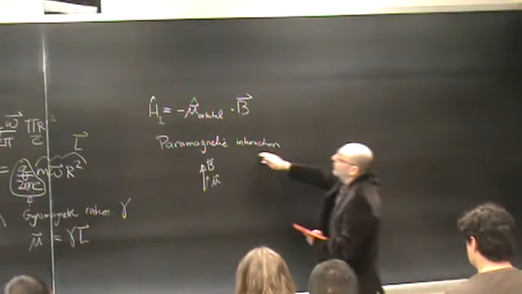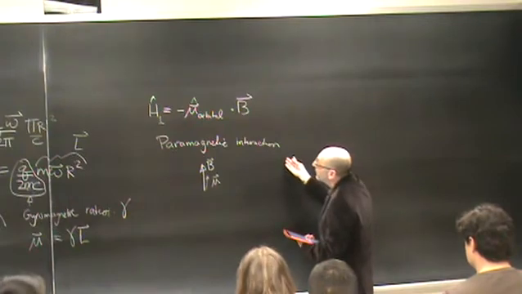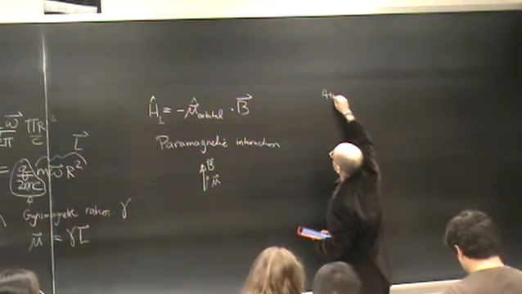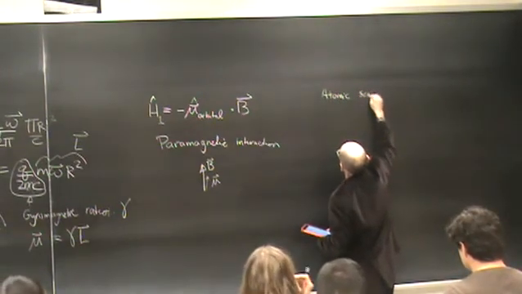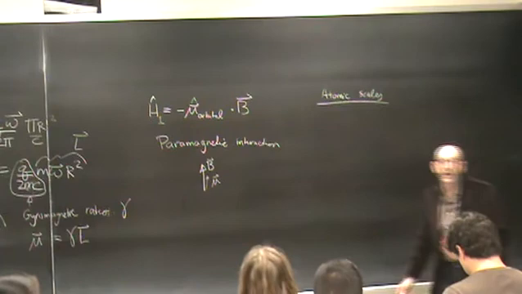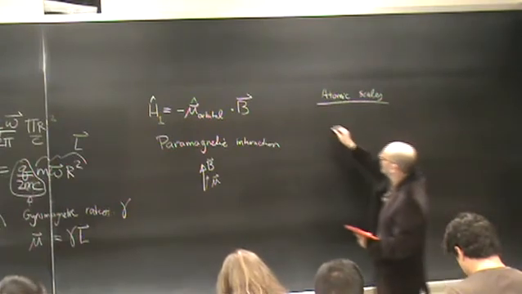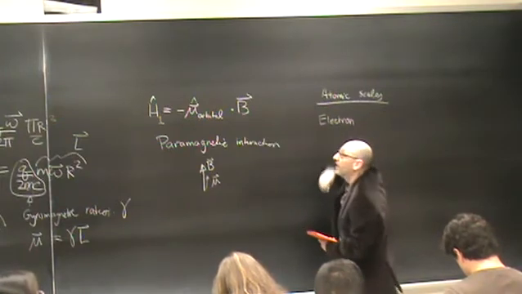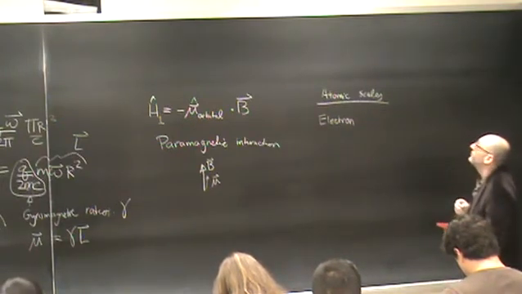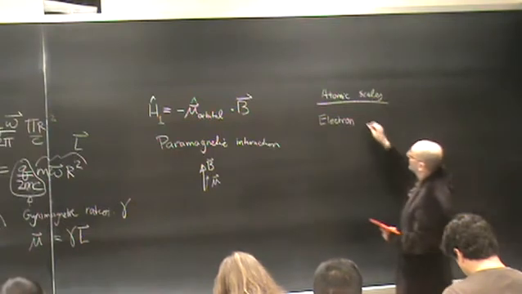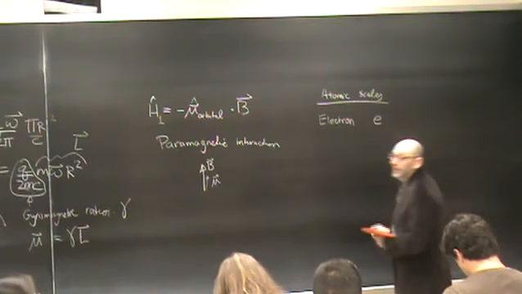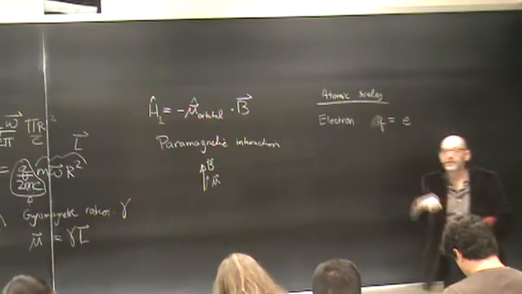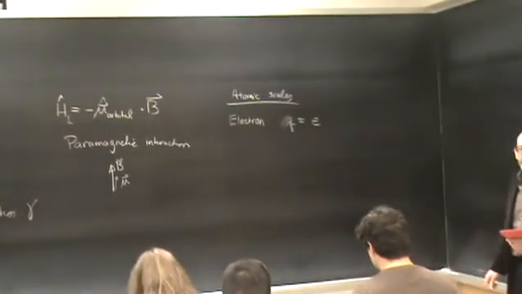Oh yeah. So let's think about what the strength of this interaction is at atomic scales. We talk about atomic units, and I will re-emphasize this next lecture, but we have the electron charge, of course it's minus e, but this is the characteristic size, q.